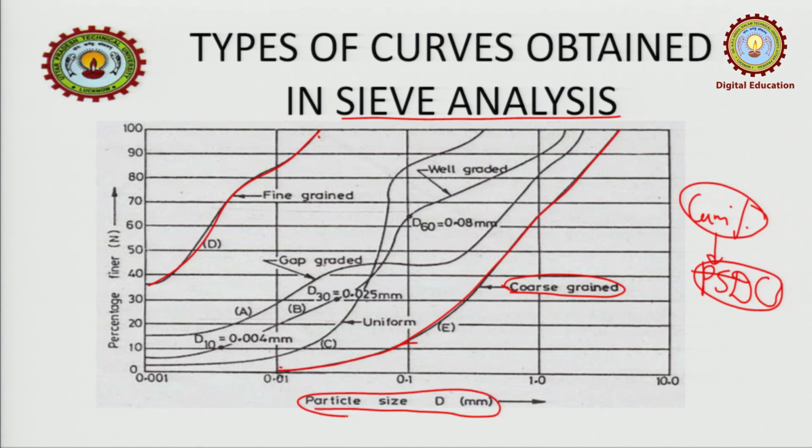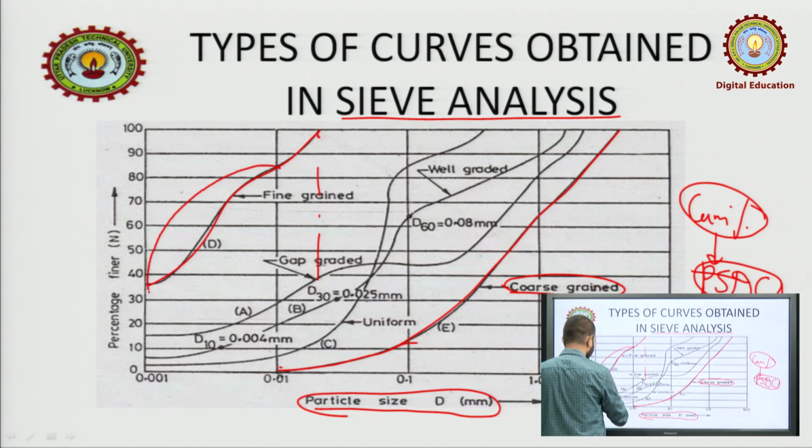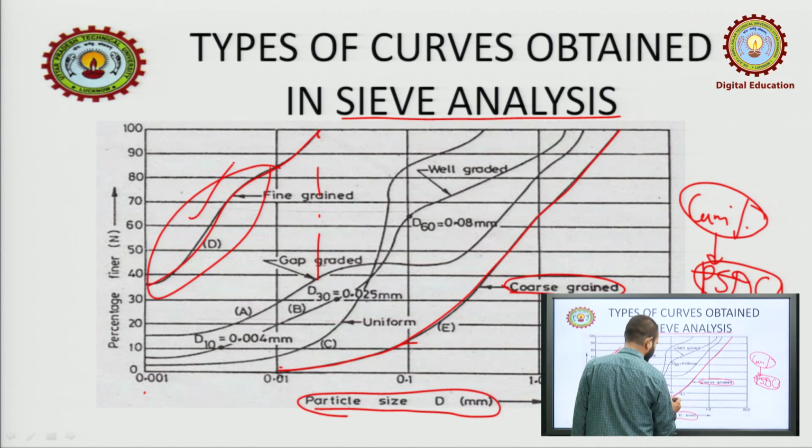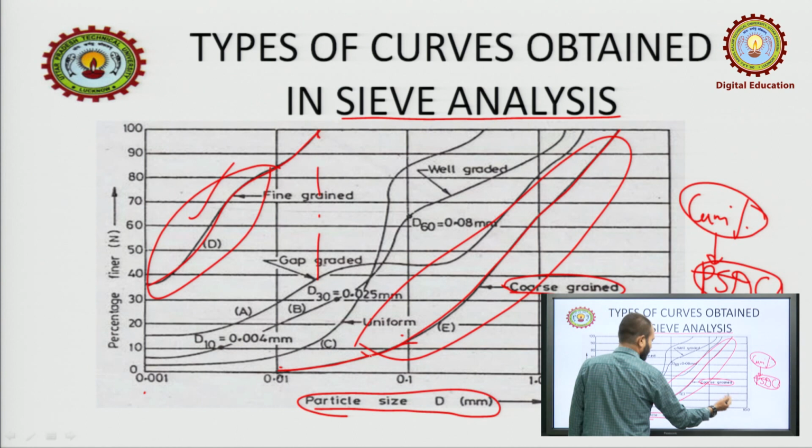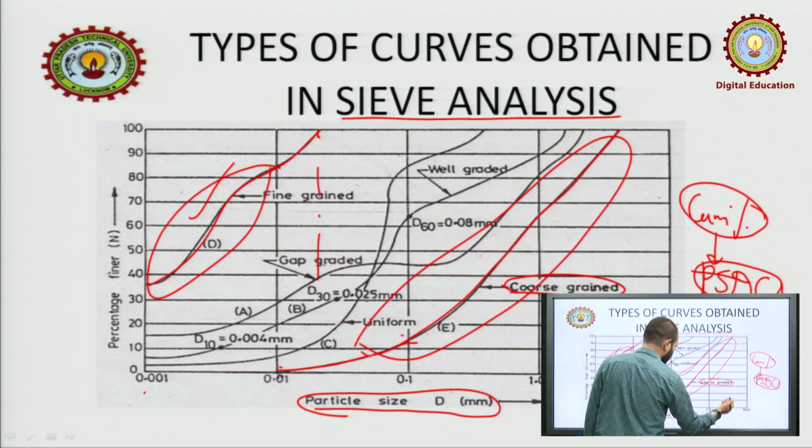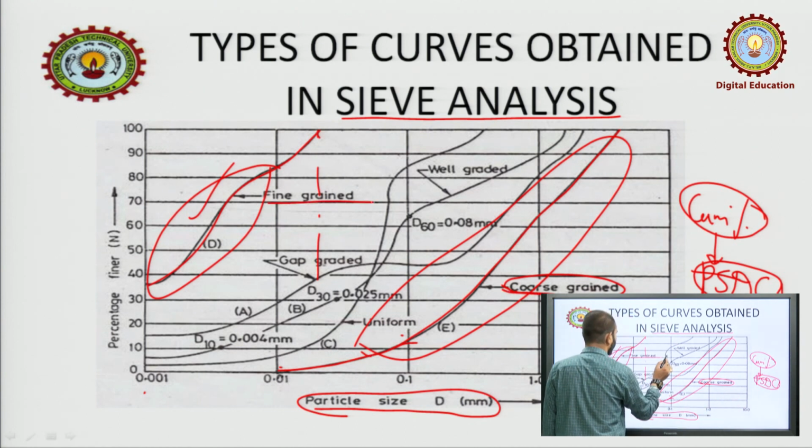It is called fine grain because you can see the maximum part is going inside this part. And here, why is it coarse grain? Because its maximum part, this whole part, is in the coarser region. So this is the coarse grain and this is the fine grain.